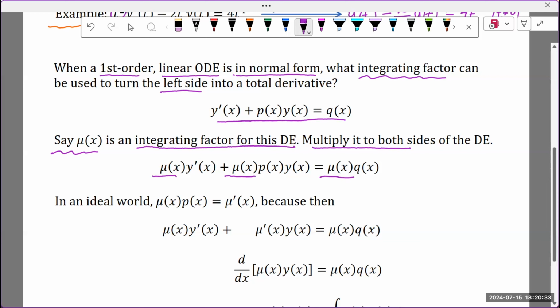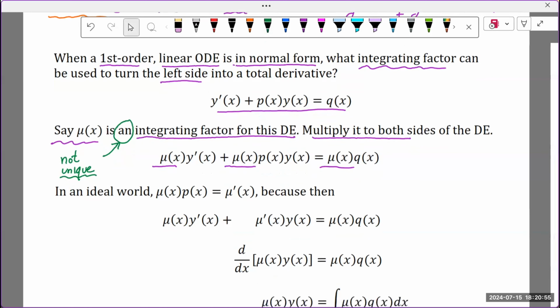This process is going to show us how to determine this. One thing I'd like to point out is that this mu of x, we say it is an integrating factor. So the key there is that it's not necessarily unique. In other words, there may be more than one type of function that you can use to accomplish the same thing.